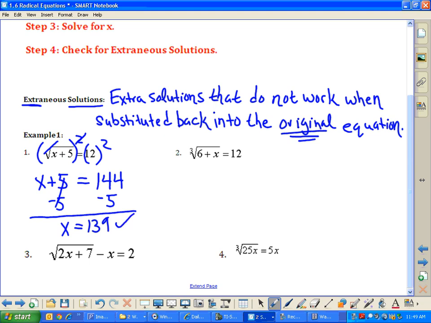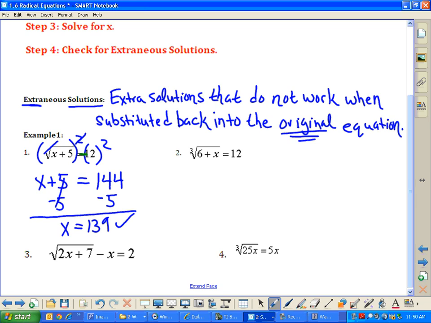So that answer works. To be completely honest with you, in all transparency, if I would have changed one symbol in the problem, this answer for x would not have worked. If I would have, just for fun, you don't have to write this down, made this 12 negative, 139 still would have been the answer I got for x, but it wouldn't have worked. Anybody tell me why? Do you know, Tammy?